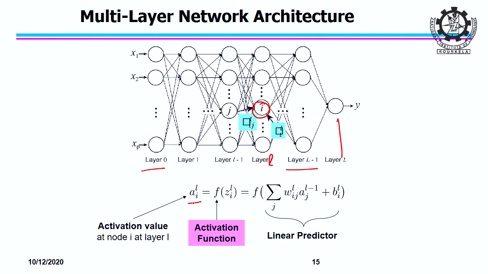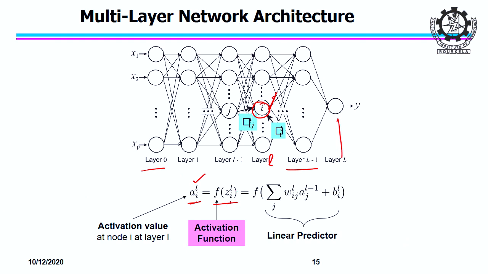So, here we write the output, that is going out here. This is nothing but A_i, that means the ith node at layer L, including the activation, the activation value at node i. Now, what is that function? That function is nothing but a function of Z_i^L.